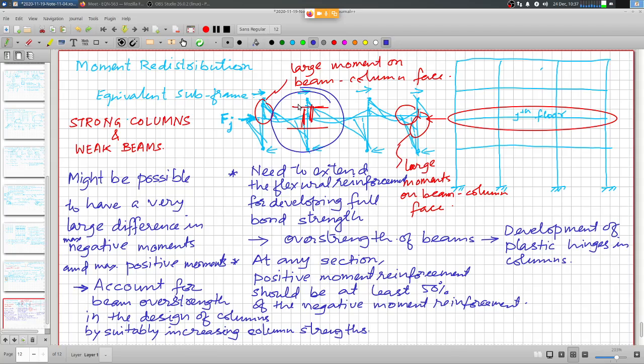We cannot obviously make them exactly equal, with the limitation that whatever moment distribution we arrive at from the elastic analysis, the redistributed moment should not be reduced to levels below 30% of the maximum elastic limit.